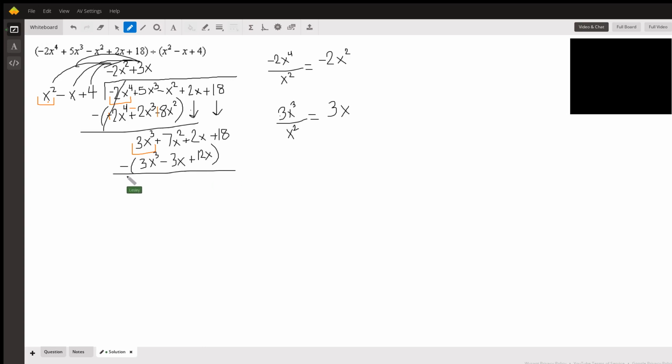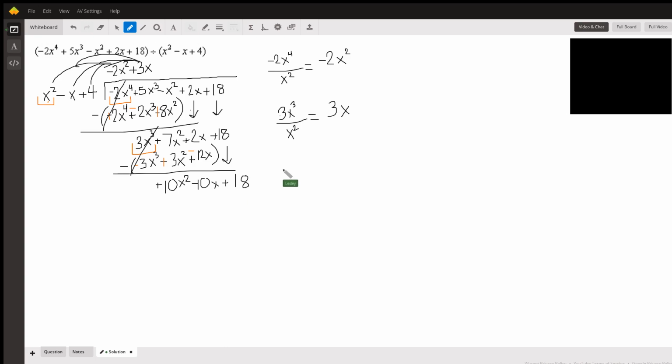And then we don't forget our signs. So this cancels out. 7 plus 3 is 10, positive 10x squared. Negative 12 plus 2 is negative 10x. Bring down 18.